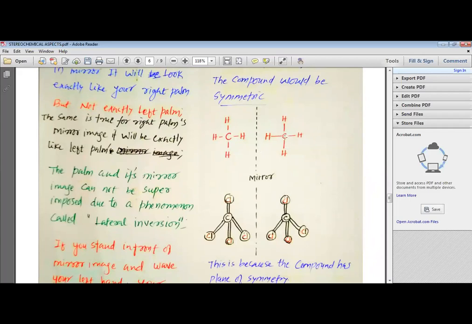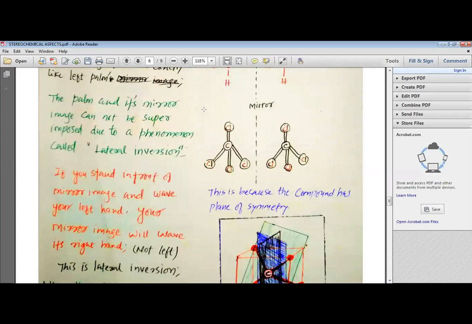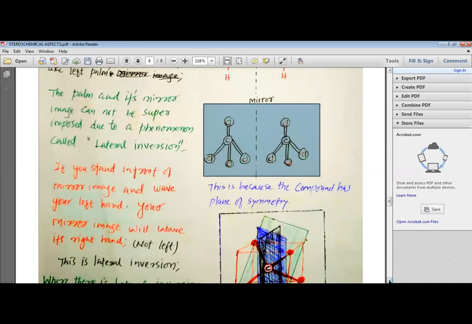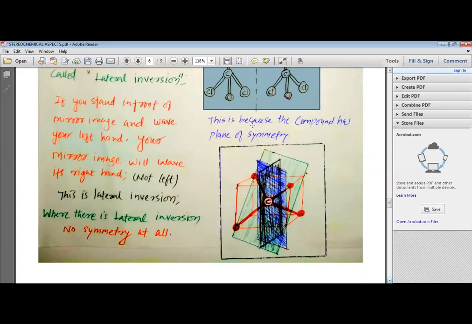You can easily take this CH4 and put it on this CH4 and it will be completely superimposed, because all H fits on H, the carbon fits on carbon, all the bonds fit on bonds. Same is the case with CCl4. Even if you represent CCl4, there will be exactly the mirror image and the object will be superimposed on each other. This is because the compound has a plane of symmetry.